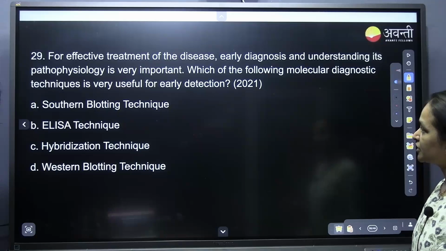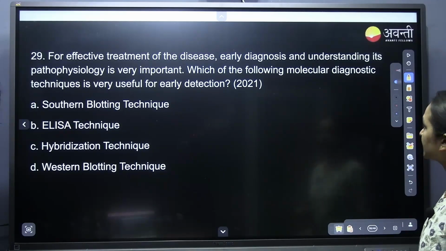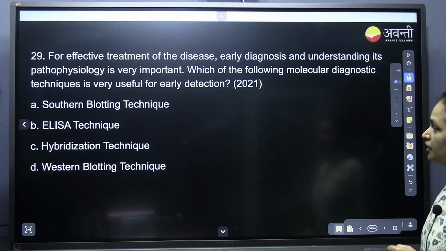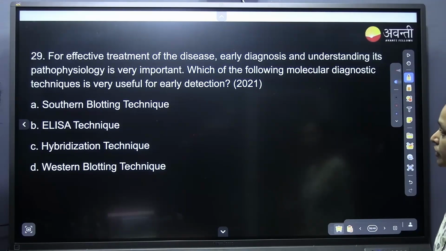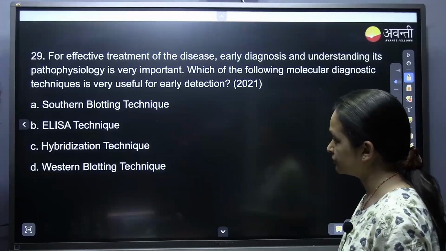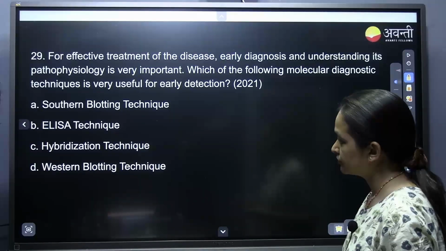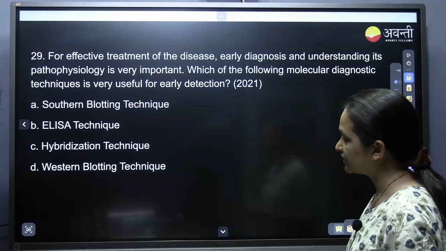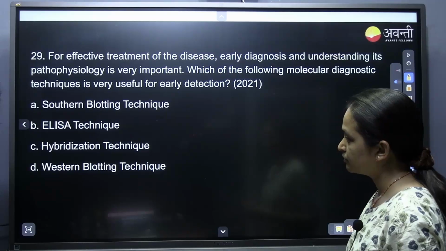For effective treatment of the disease, early diagnosis and understanding its pathophysiology is very important. Which of the following molecular diagnostic techniques is very useful for early detection? ELISA, PCR.